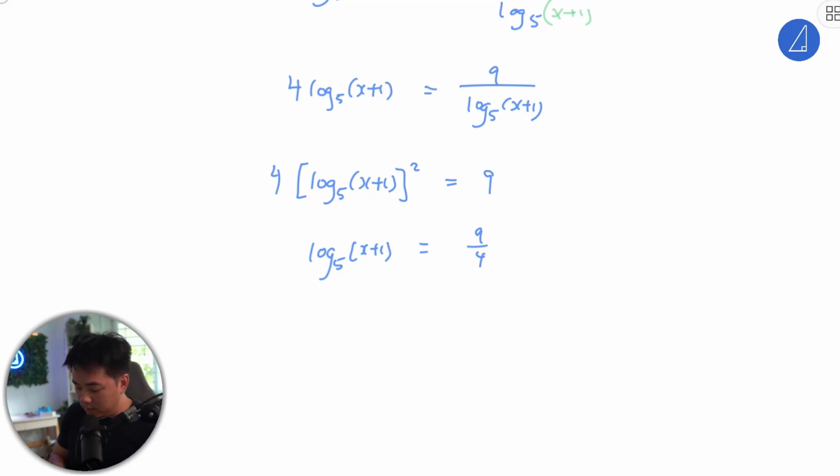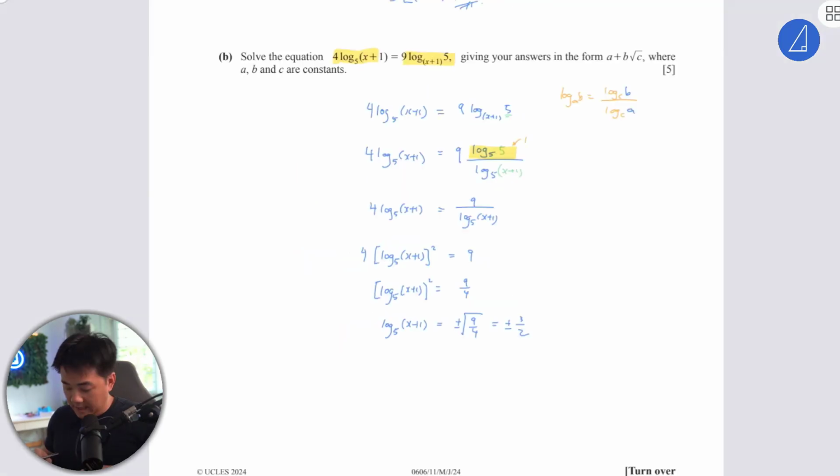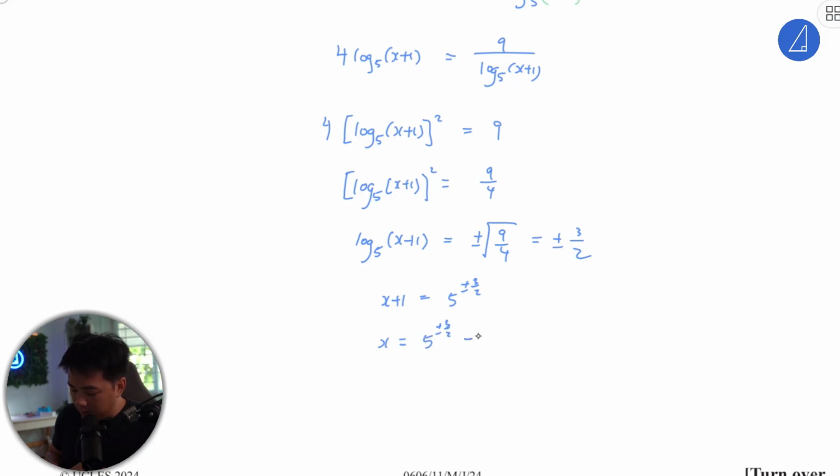Taking the square root gives us log 5 (x plus 1) equals plus minus the square root of 4 over 9, which is plus minus 2 over 3. Once done, we get x plus 1 equals 5 to the power of plus minus 2 over 3. So x equals 5 to the power of plus minus 2 over 3 minus 1.